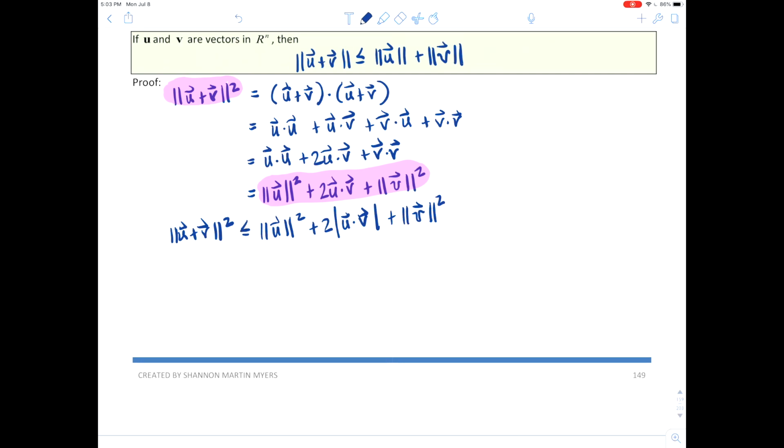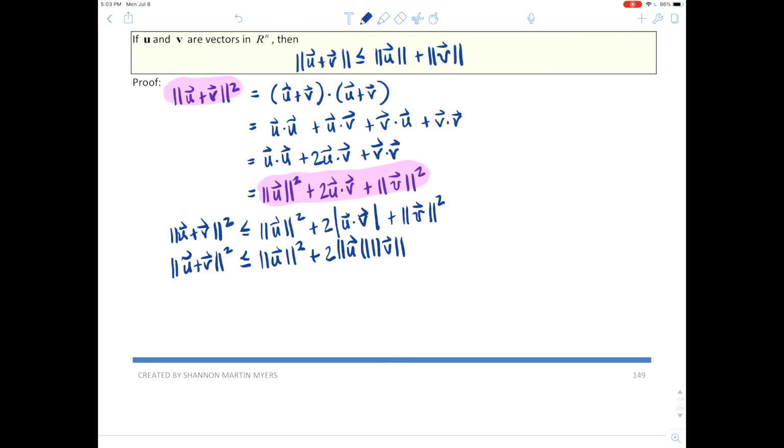So now we'll apply our Cauchy-Schwarz, and this was a less than or equal to. So the magnitude of u plus v squared has to be less than or equal to the magnitude of u squared plus 2 times the magnitude of u times the magnitude of v.